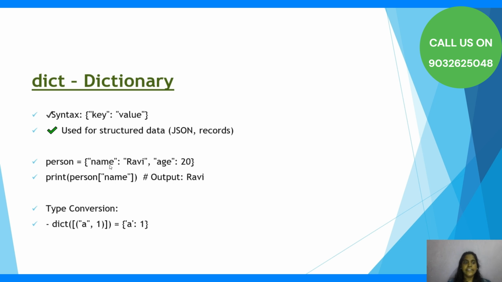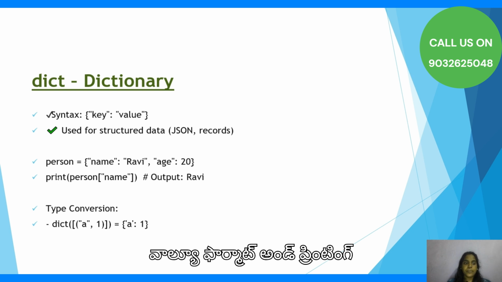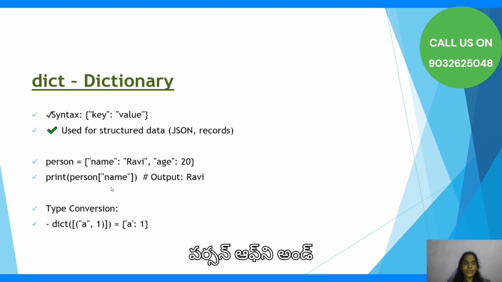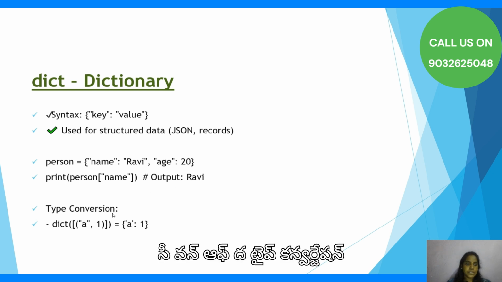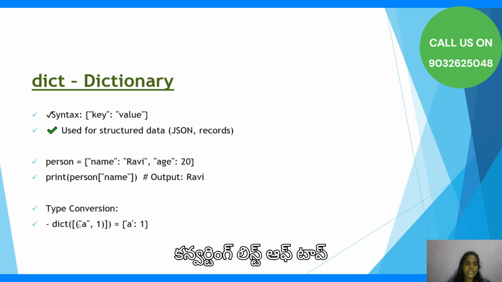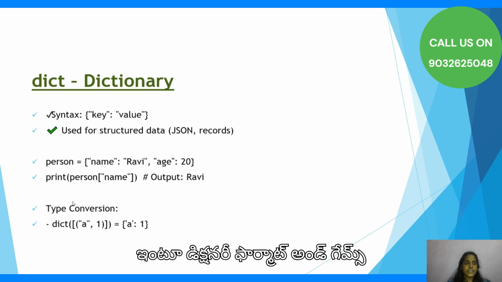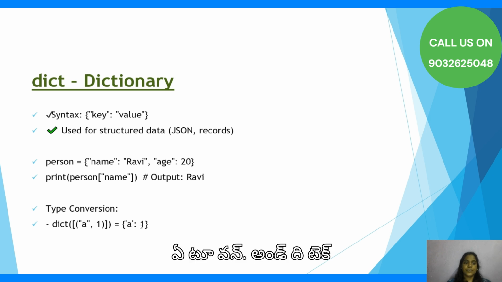This is the key-value format, and we are printing person of name and it gives the output Ravi. This is one of the type conversions. We are converting a list of tuples into dictionary format, and it gives a colon 1 in dict format.